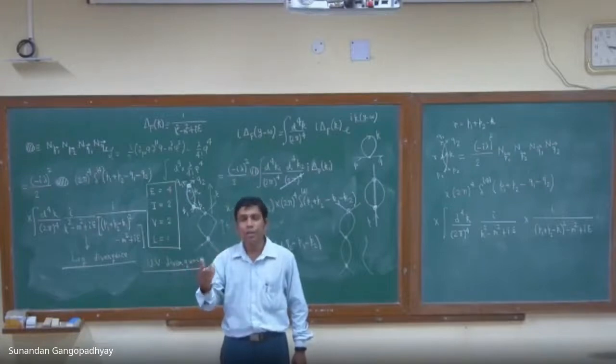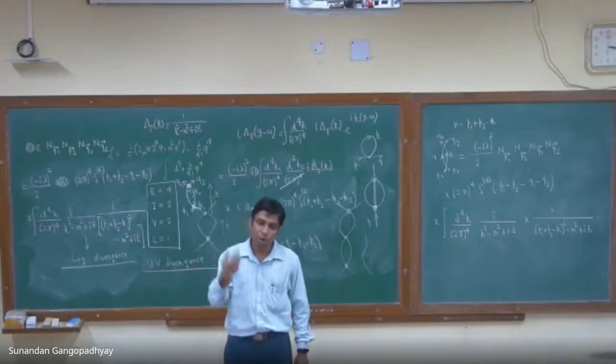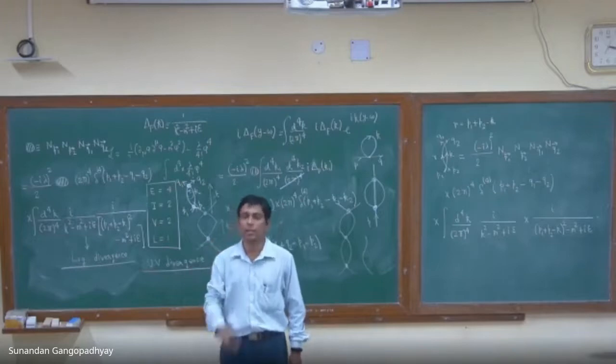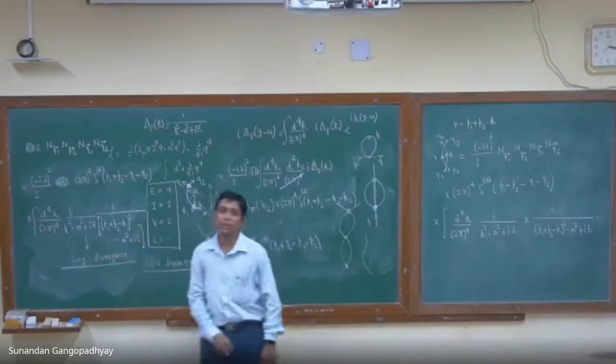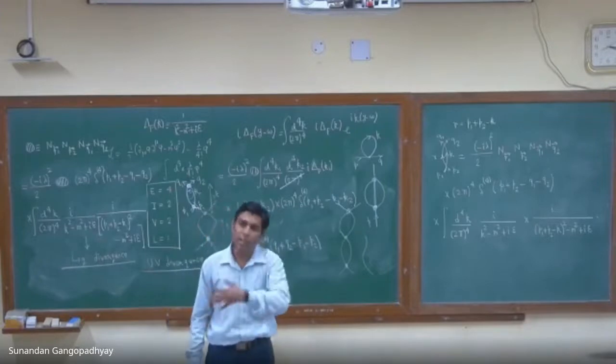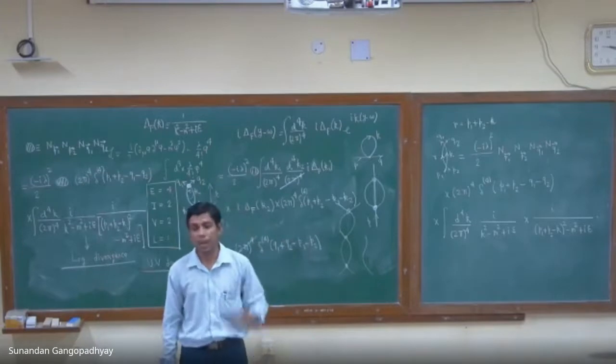The point is, what kind of ultraviolet divergence is it? Is it quadratically divergent, or quartic divergent, or logarithmic divergent, or something else? This is a logarithmically divergent diagram, and all these are UV divergent because they diverge at large momentum and small wavelengths.